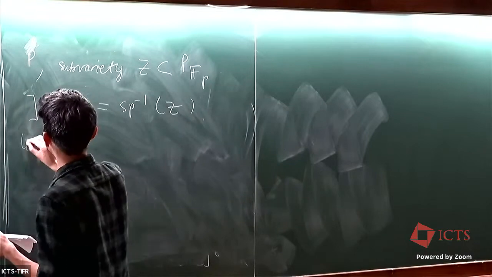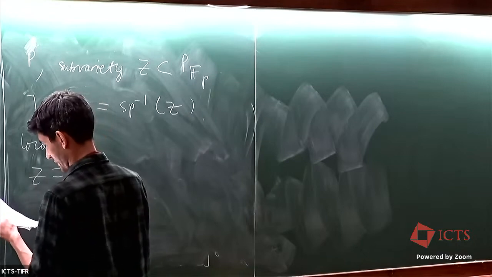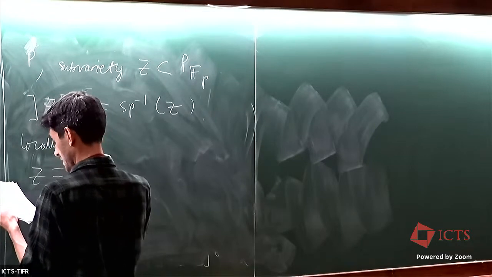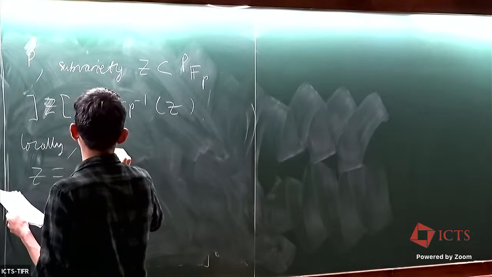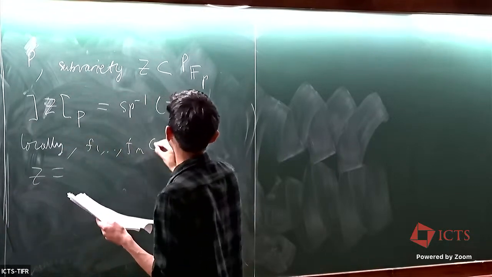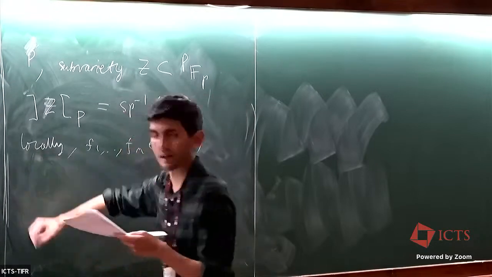So locally, let's say we have f_1 up to f_m in O of P. This is local on P, so we might have to shrink P a bit.